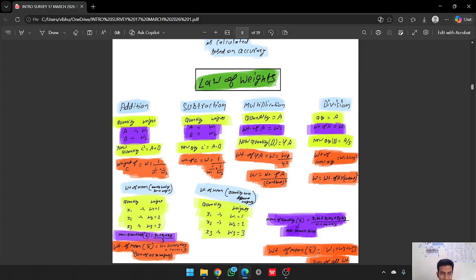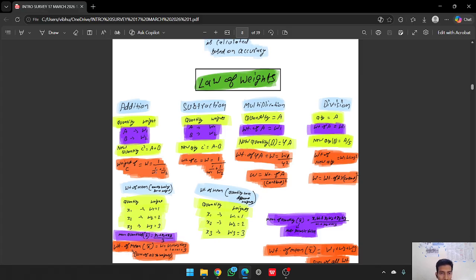For the new quantity C, we have to add A plus B. But we have to calculate the weight of C, so we have to add 1 upon W1 plus 1 upon W2, which is known as the weight of C.